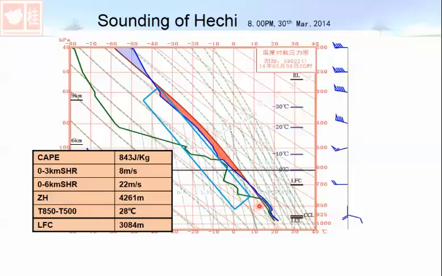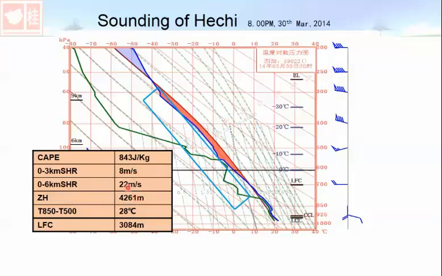The layer under 800 millibar is saturated. The 6 km vertical wind shear reaches 22 meters per second and the 3 km vertical wind shear is 8 meters per second.